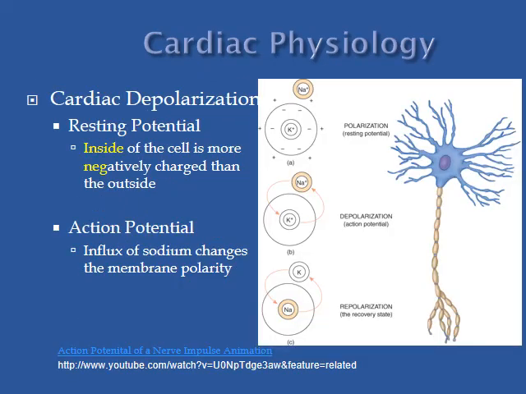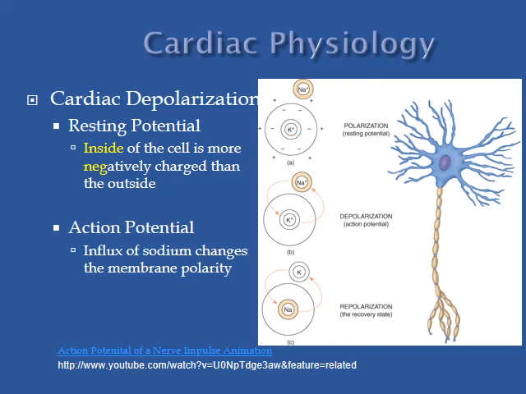Cardiac depolarization. We start in the resting potential state. Potassium is on the inside of the cell. Sodium is on the outside of the cell. As you can tell from the little minus signs, the inside of the cell is more negatively charged than the outside of the cell.